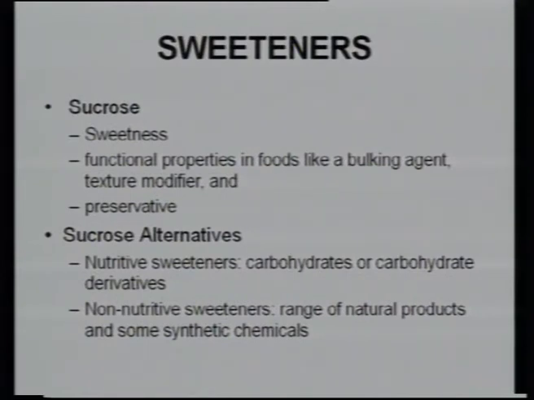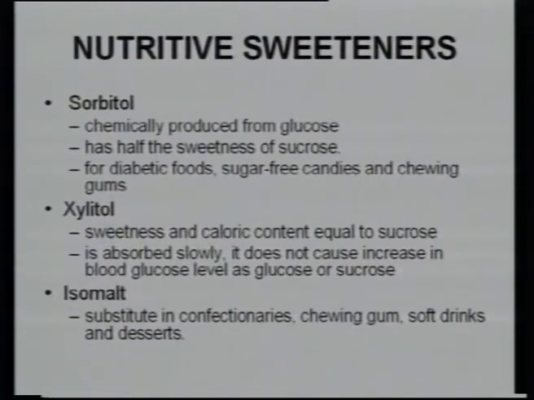Then next we come to the sweeteners. Normally sucrose is used for sweetness, and for functional properties like bulking agent and preservative. Nowadays sucrose alternatives, nutritive and non-nutritive, are there. Sorbitol, xylitol and isomalt are examples of the nutritive ones.